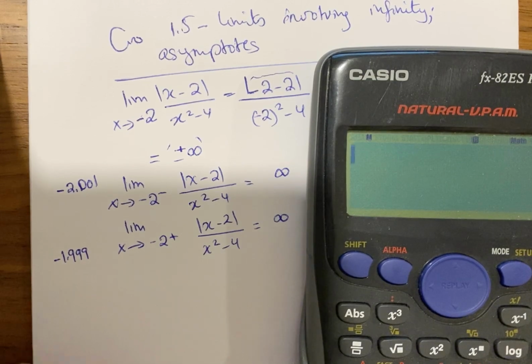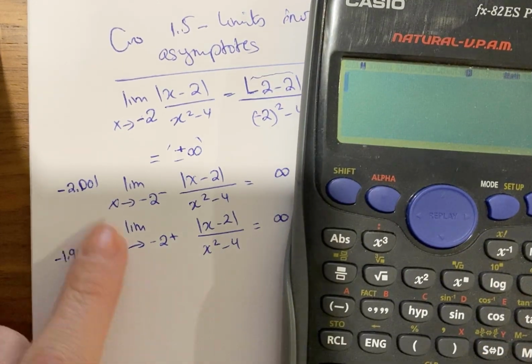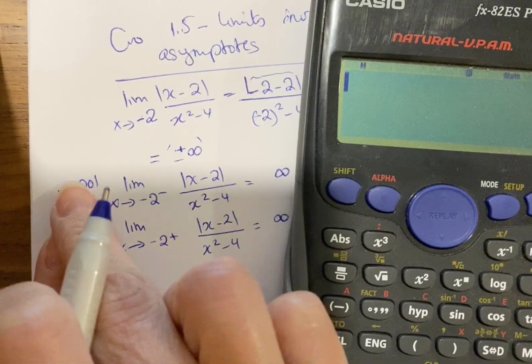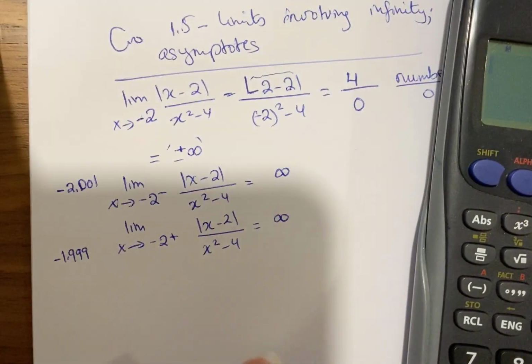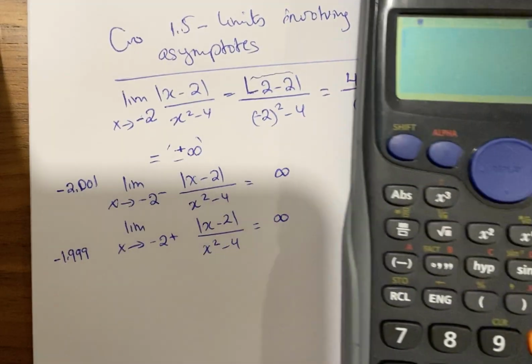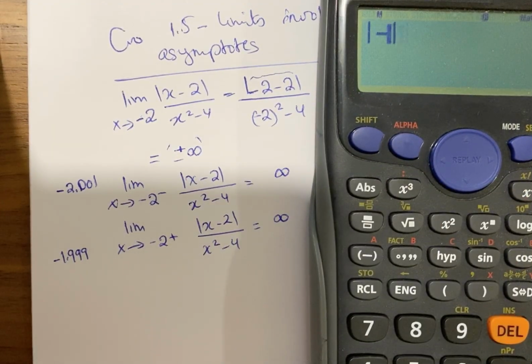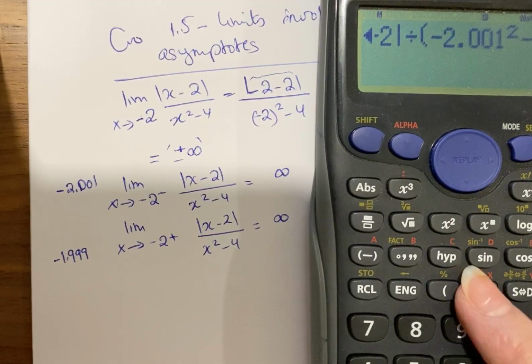So over here we take our calculator, we put minus 2.001 minus 2. It will always be a number close to 4, but you can do it. You can put absolute value of minus 2.001 minus 2, all of it divided by bracket minus 2.001 squared minus 4.